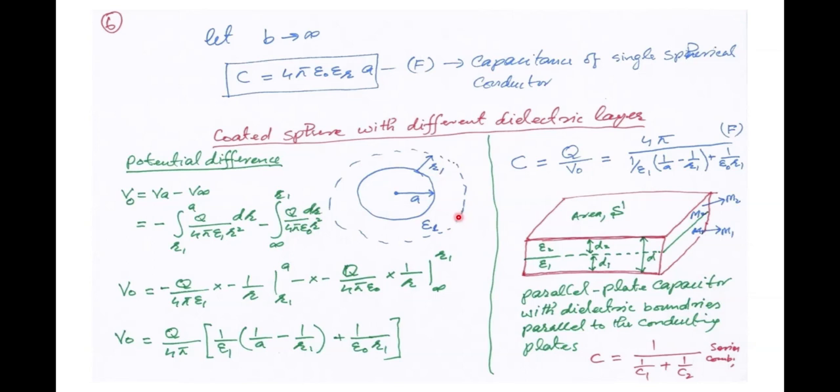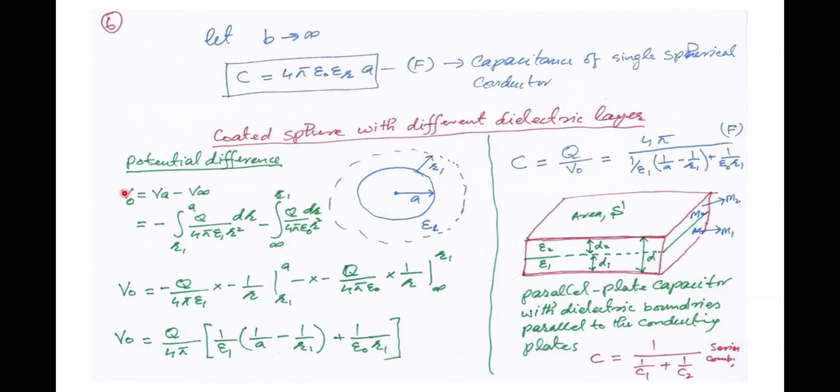With respect to some reference plane at r equal to infinity, we are carrying a unit positive charge from that reference plane towards the r equal to a surface, which represents the spherical surface.